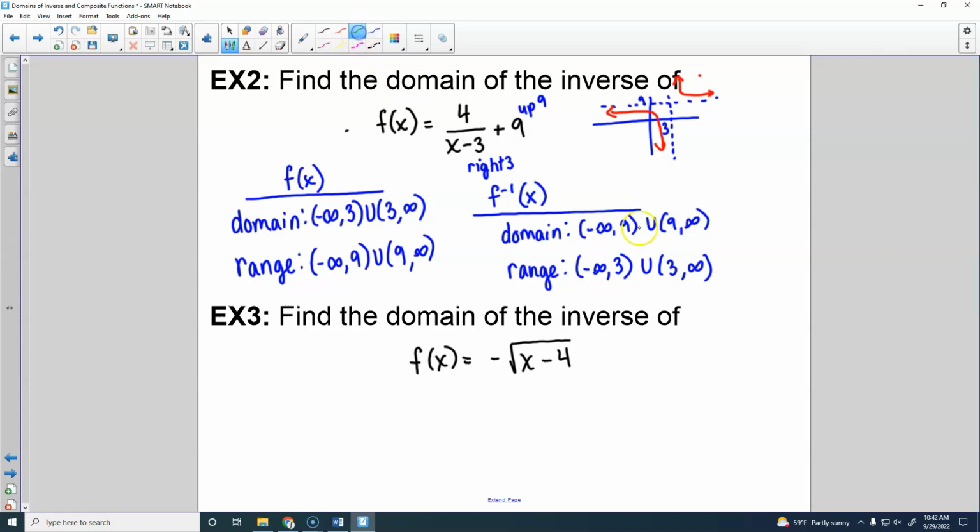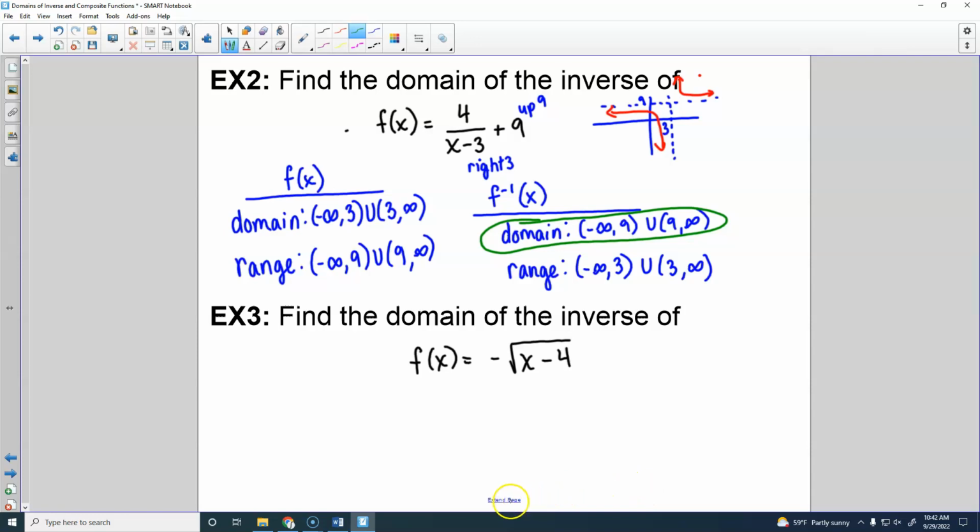This particular question only asked us about domain of the inverse, so this is our answer. And I'm going through this so that you can find domain or range. You could just do one of them here because it's only asking for that, but it doesn't hurt us to think about all of the possibilities here.